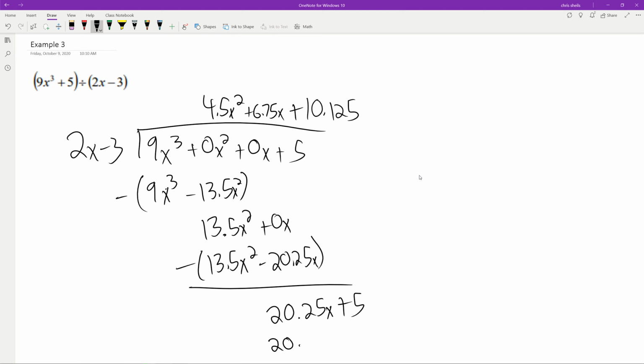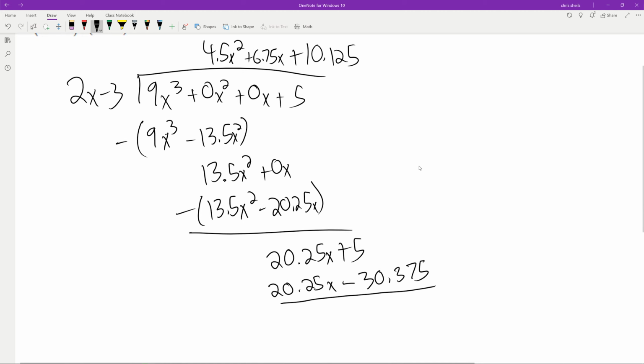So I get 20.25x minus 30.375. Parentheses around this, and I'm subtracting. So I think I get a remainder of 35.375.